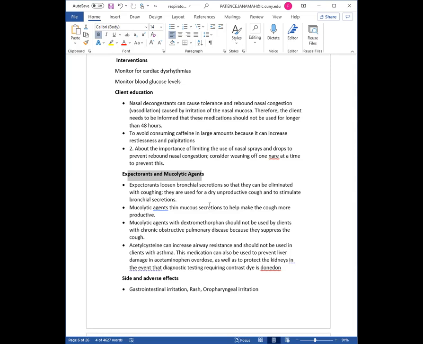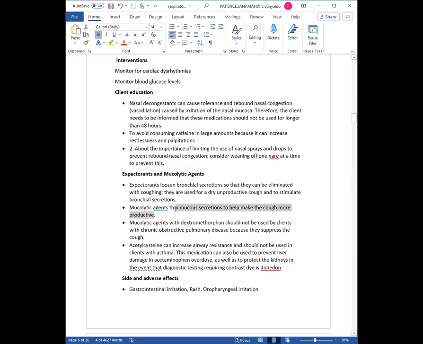The older people have a name for it. They take that one and it helps them to expectorate. So it thins the secretions, and instead of it being thick and not able to come out, it starts thinning, and then you are able to bring it out and spit it out. So those are expectorants. It helps in expectorating thick secretions.